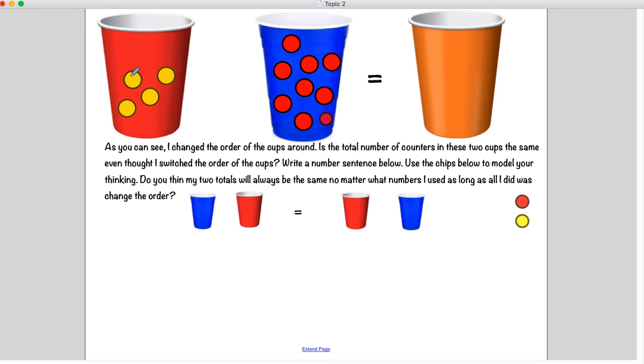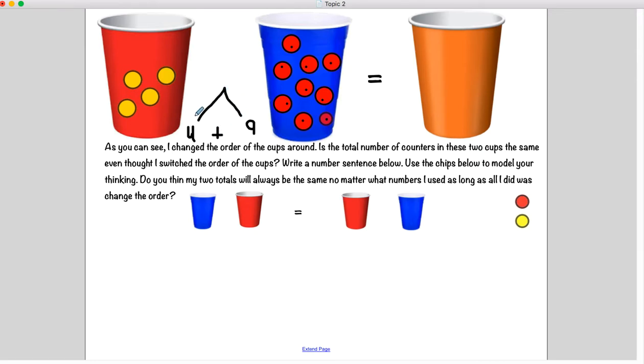All right, so I have 4 in here. 1, 2, 3, 4. So I have 4 in this cup. And then I have 1, 2, 3, 4, 5, 6, 7, 8, 9. And I have 9 in this cup. Remember, to figure out my total, I want to add them together. So 4 and 9.